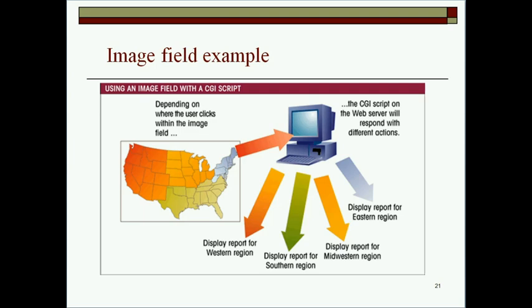And the HTML form is only used to allow the user to click on a map of the US and provide you the coordinates of the click, and then the handler program will use the coordinates to identify where exactly you clicked and then generate the report.